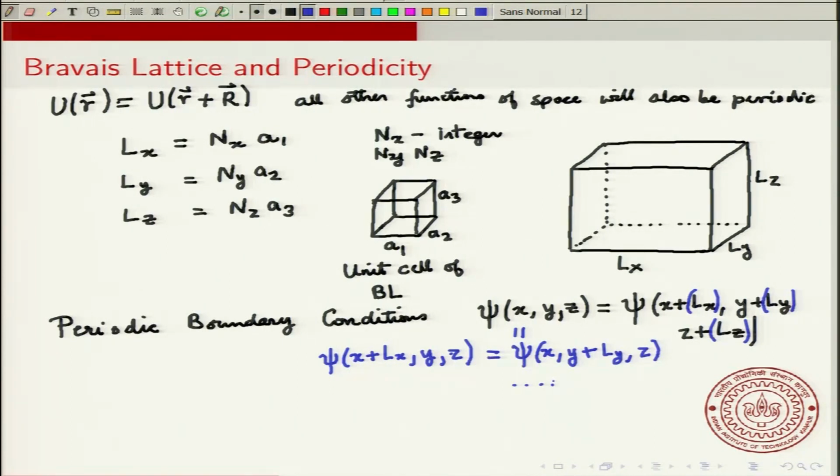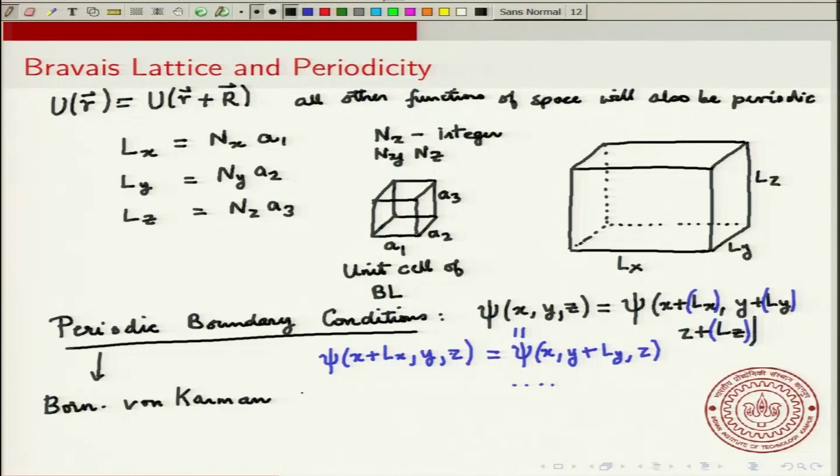So, basically you are saying that all functions are periodic with this overall system size. This is a general tool, a general principle that is used. This is also referred to as the Born-von Karman boundary conditions.